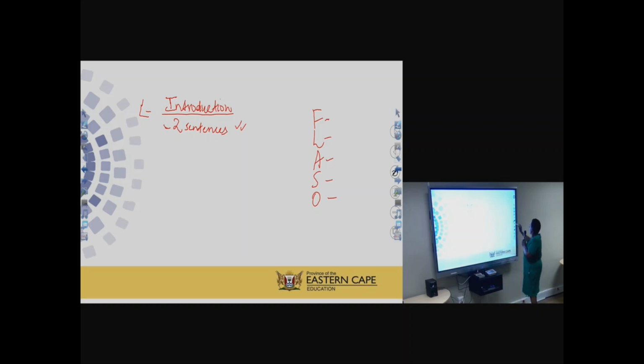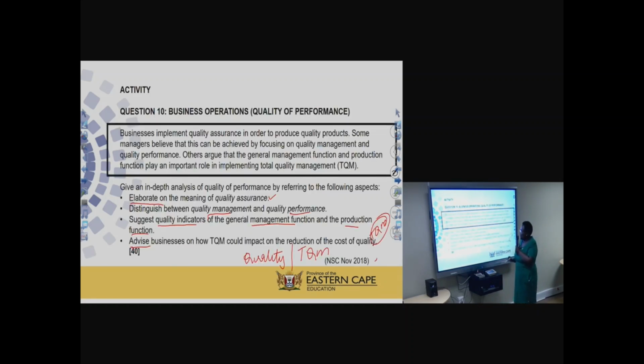Your body, remember, in your body, you must have those bullets. Your essay must be structured according to the bullets. For instance, the first bullet requires you to give the meaning of quality assurance. It means you will have quality assurance as the first one.